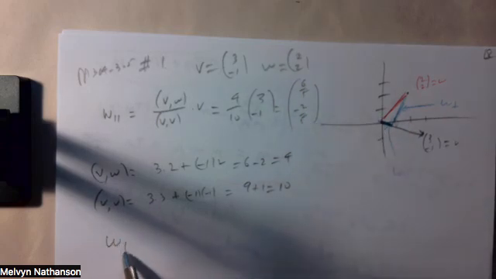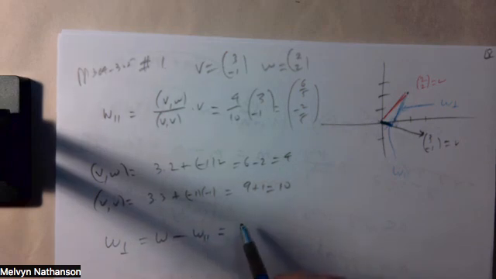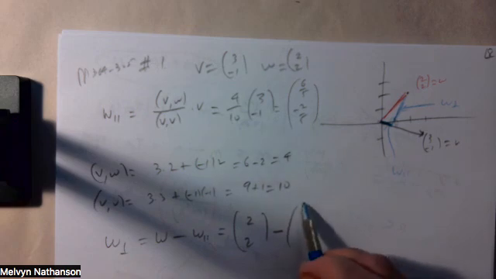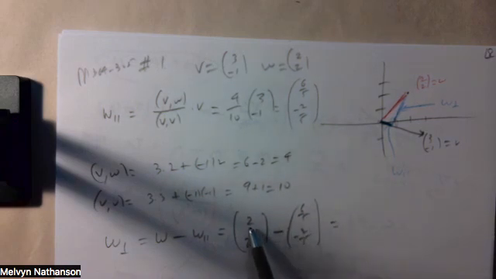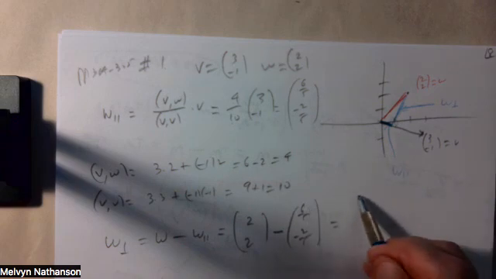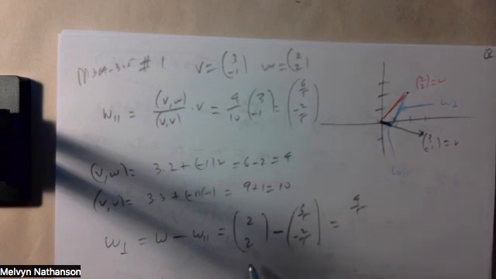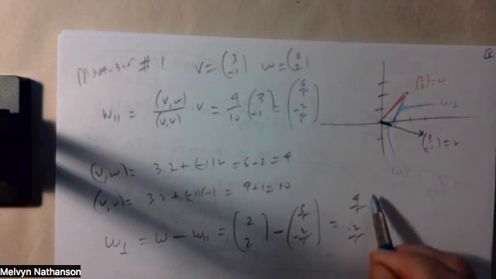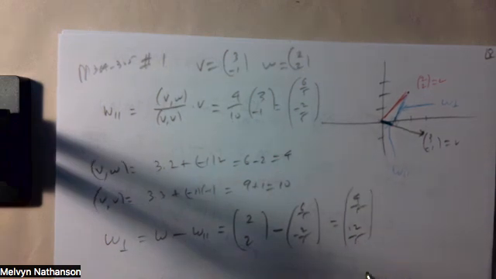And the W perp has to be W minus W parallel. W is (2, 2), and I'm subtracting (6/5, minus 2/5). So this is 10 minus 6, this is 4/5, and this is 10 plus 2, is 12/5. So if I did this correctly, this is W perp.